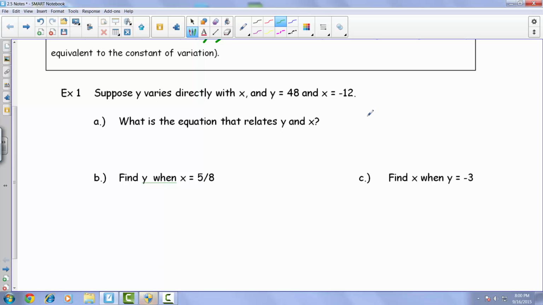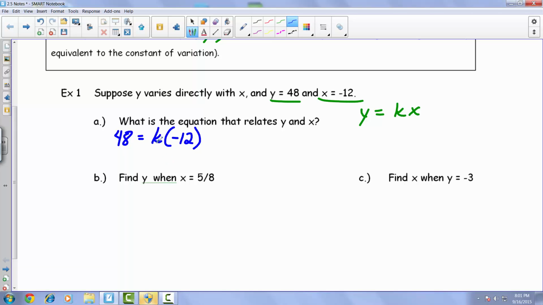So in other words, y is equal to some k times x. Well, we're given a y and we're given an x that satisfy this equation. Let's throw those values in there. We end up with 48 is equal to some k value that we don't yet know, but we know the x value is negative 12.